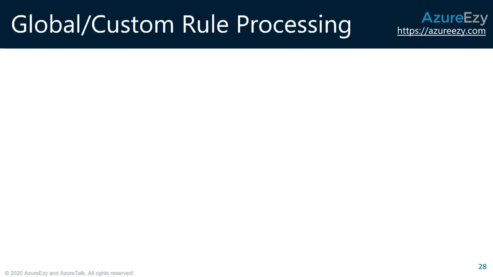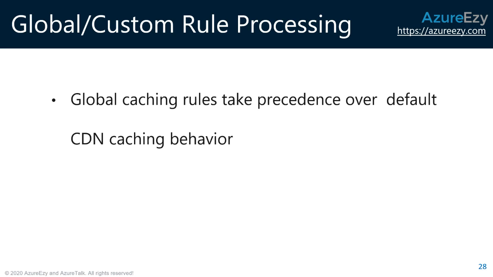Now, when you have a global rule and a custom rule, a question comes to mind: we have multiple caching rules, so finally what rule will take precedence? What will be the precedence order? Your global caching rule will take precedence over any default caching behavior that you have configured.